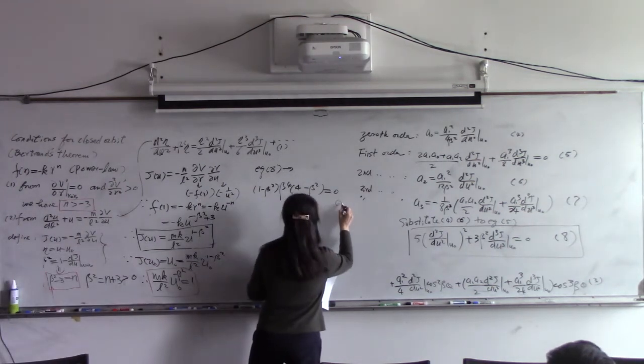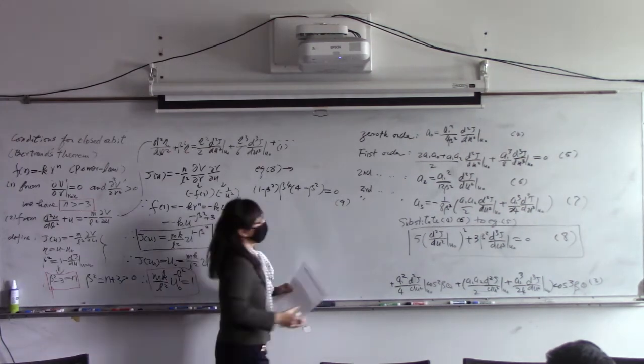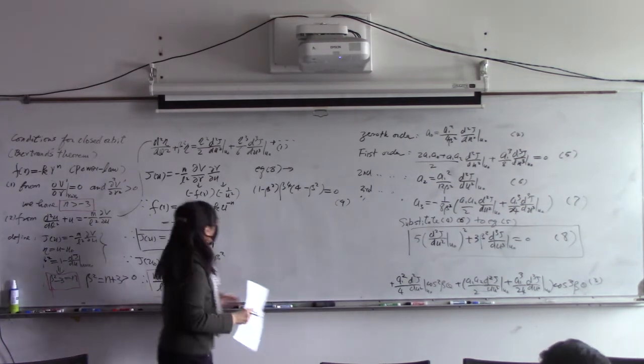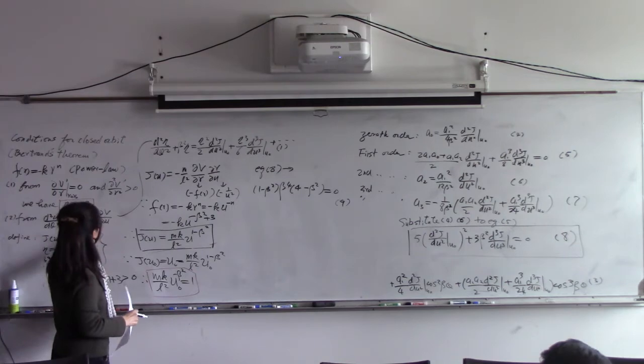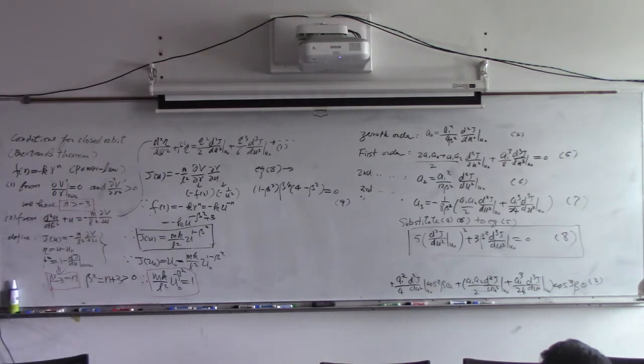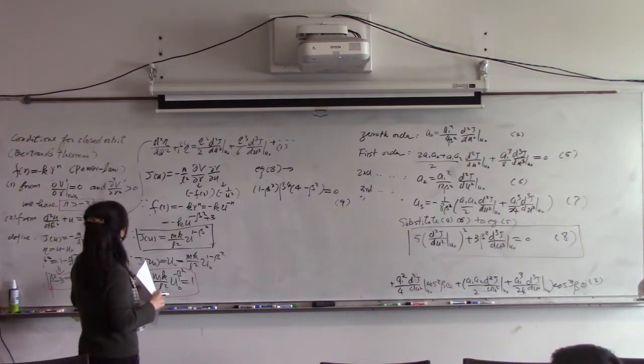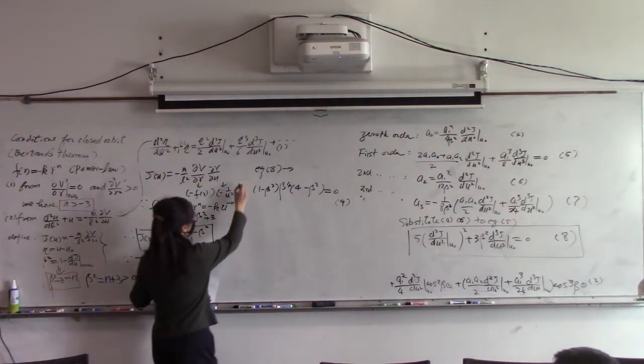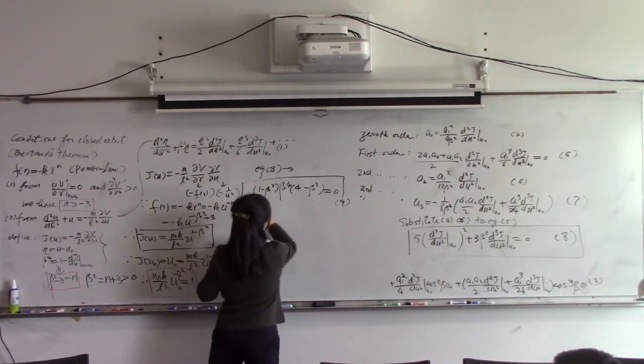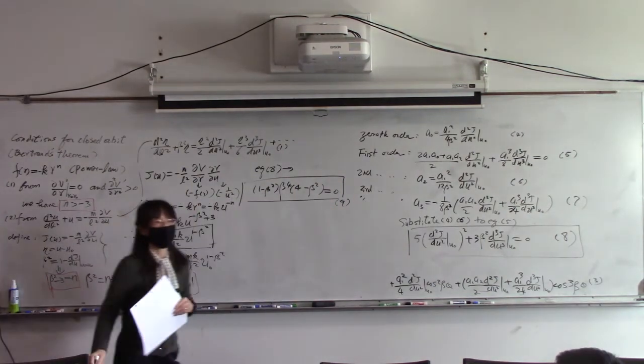That is equation 9. Now this is the final solution, very straightforward for beta square.